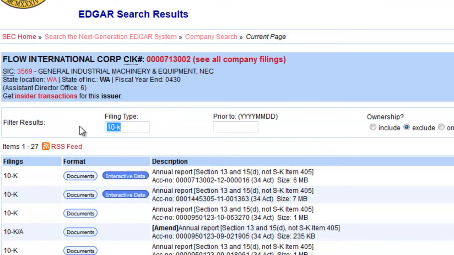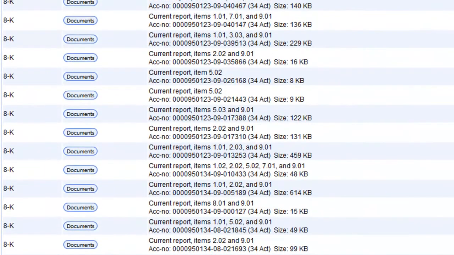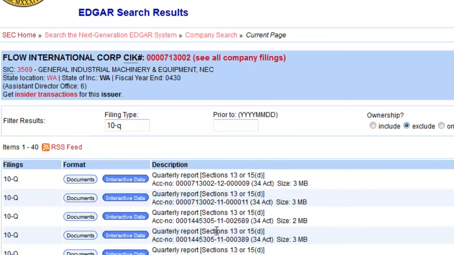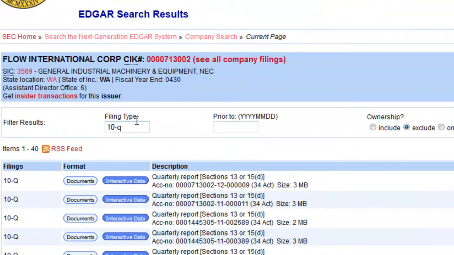And you can do the same thing with typing in 8K, and boom, you get a list of 8Ks. You definitely never really use 8Ks, but you can definitely go at 10Qs, and all you get is a list of quarterly reports that the company filed with the SEC. So let me clear this.